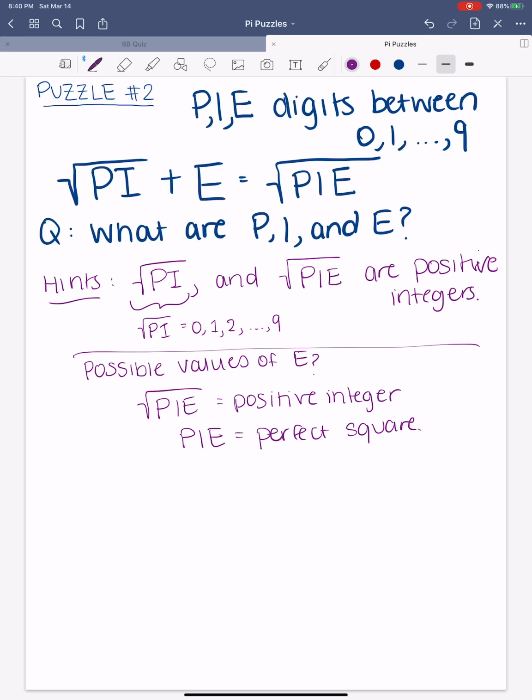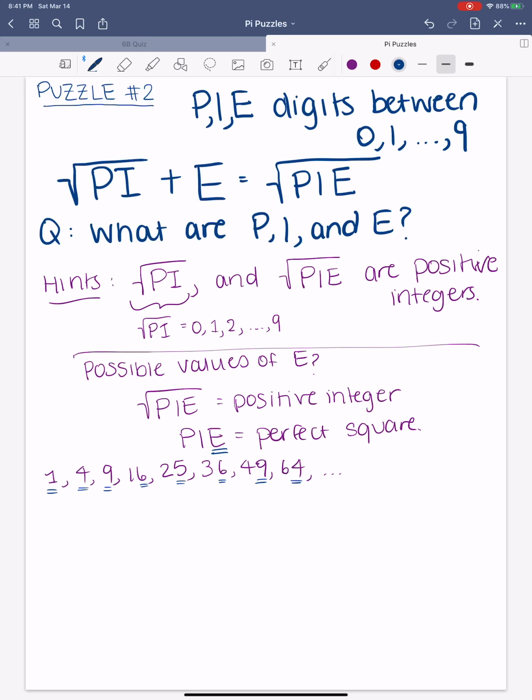Okay, let's just list out a couple of perfect squares to begin with. 1, 4, 9, 16, 25, 36, 49, oops, 7 times 7 is 49, 64, and so on. And let's just look at the last digit, which corresponds to E. So the units digit of each of these numbers.